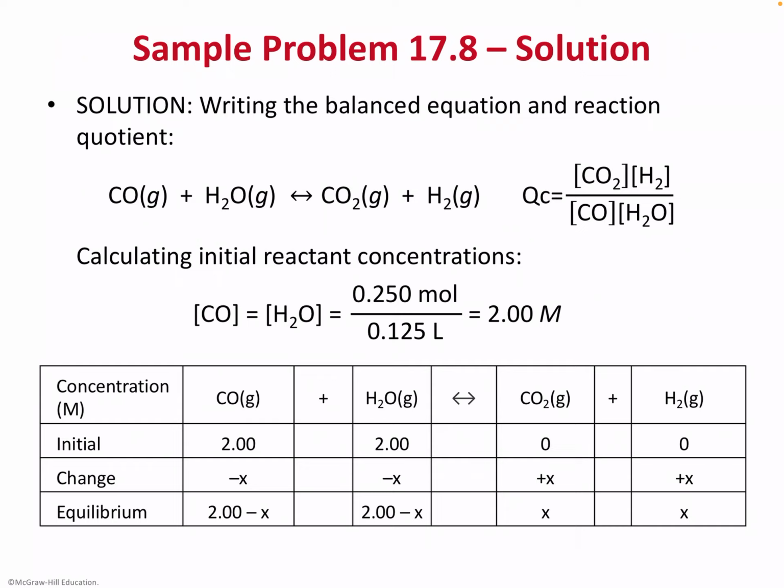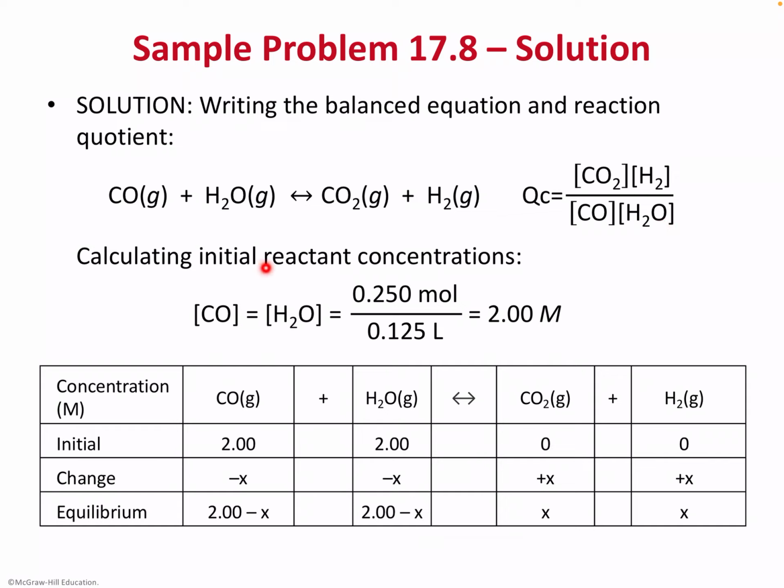Now this is going to be our balanced equation: carbon monoxide with water giving you carbon dioxide and hydrogen. Let's see if every atom is balanced. 1 carbon, 2 oxygen, 2 oxygen, 2 hydrogen, 2 hydrogen, it's balanced. So the Qc would be carbon dioxide and hydrogen concentrations over carbon monoxide and water.